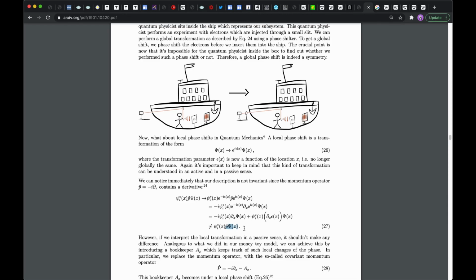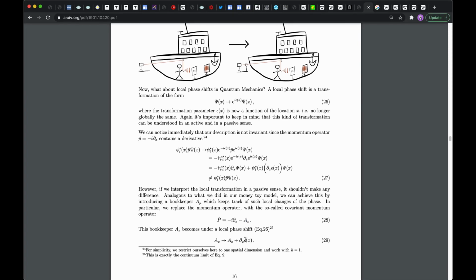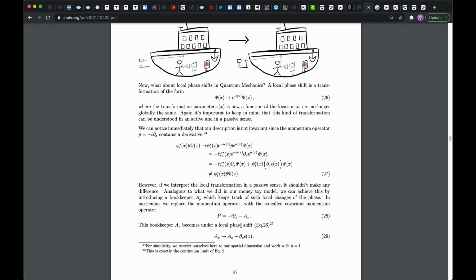But we can fix that situation by modifying our observable a bit and creating what is called the covariant momentum operator, and we can add there some function of x, like a of x here, and we can transform that bookkeeper.